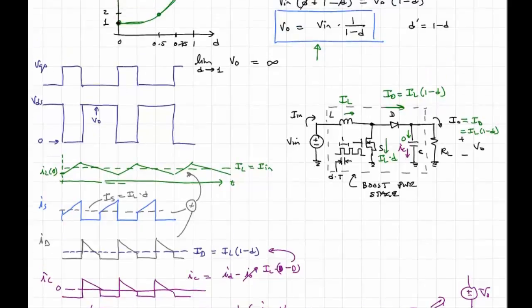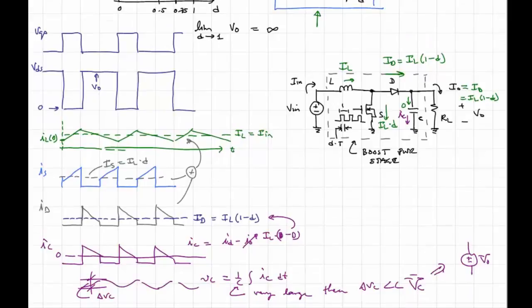If we actually had considered the capacitor and the resistor in the analysis, it would be tremendously more complicated. Now, if you're trying to answer some specific questions about the details of that ripple voltage, you have to go into not making the simplifying assumptions of using the voltage source V out.